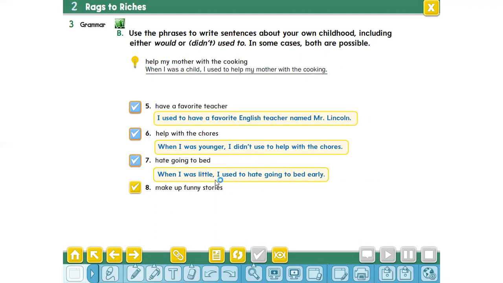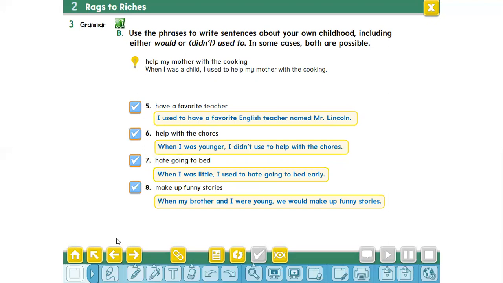When I was little, I used to hate going to bed early. I liked to stay up awake. Number 8, make up funny stories. When my brother and I were young, we would make up funny stories. Would plus base form.